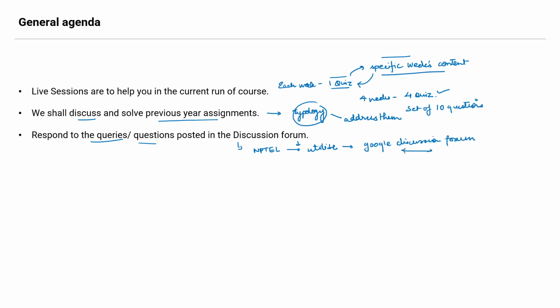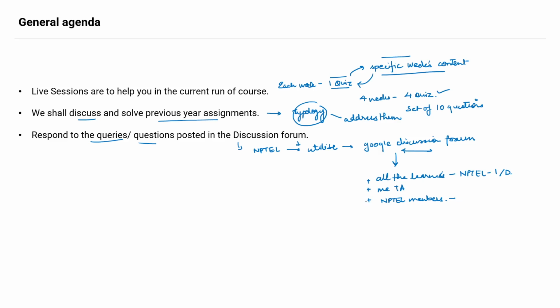The main benefit of this forum is that it includes all the learners enrolled in the course. All the learners of this NPTEL course, Innovation by Design, will be present. This will also include me as a TA, and some of the NPTEL members who will be keeping a watch on that group, because there are certain issues pertaining to access of the content, and some people are having issues with the loading of the content.